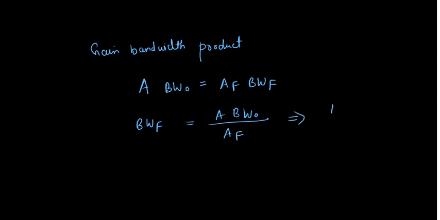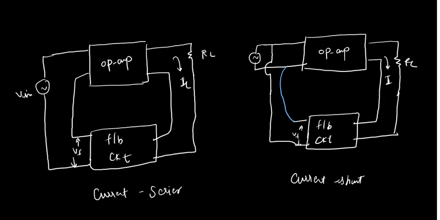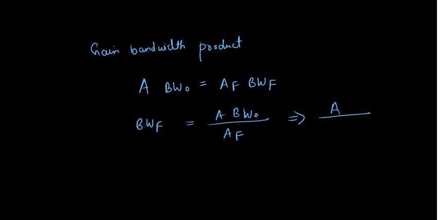And AF, look, we just derived it, AF is 1 plus RF by R. So it's difficult to see from this whether it is increasing or decreasing, right? It's not understandable, right?